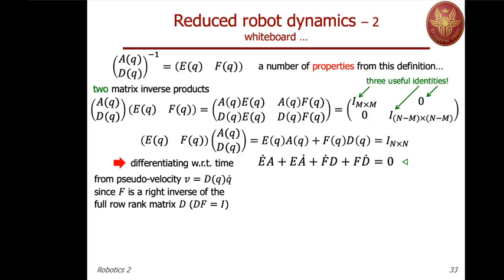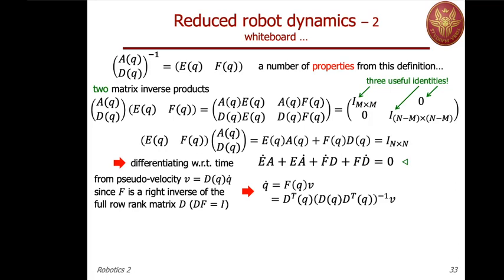And this is true because F is in fact the right inverse of the full row matrix D, because the product D times F is the identity. So we can write safely q dot equal F of v, and in fact the expression of F is analytical, so it's D transpose times (D D transpose) to the inverse times v.